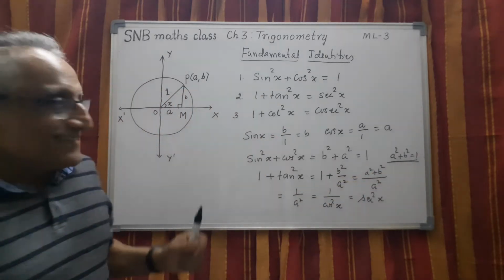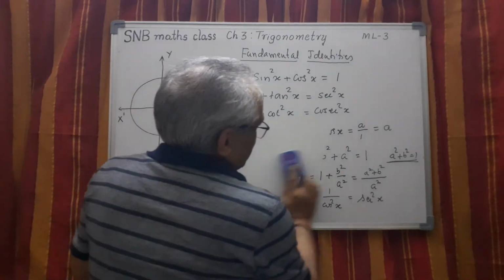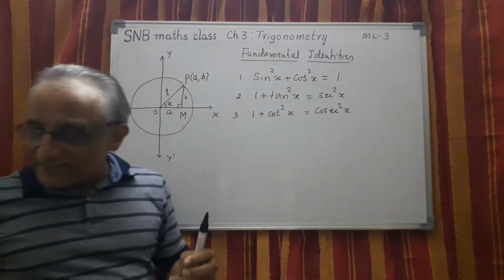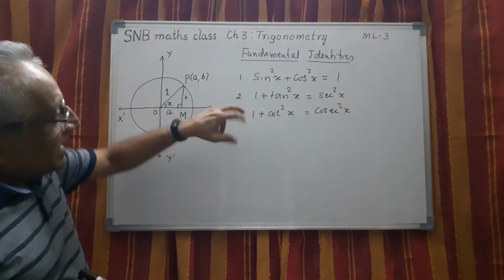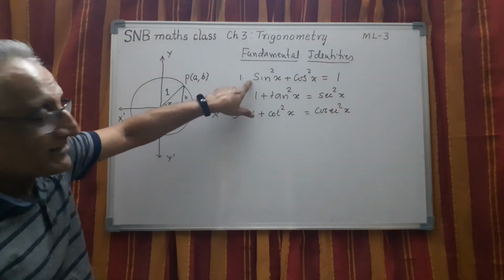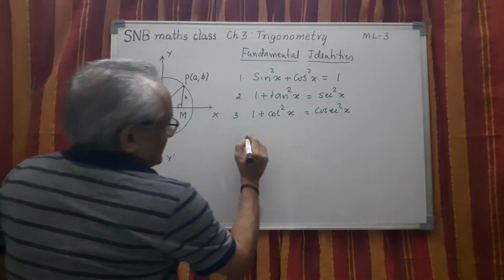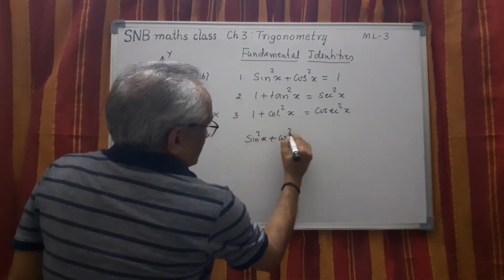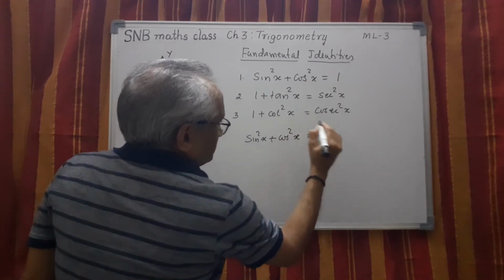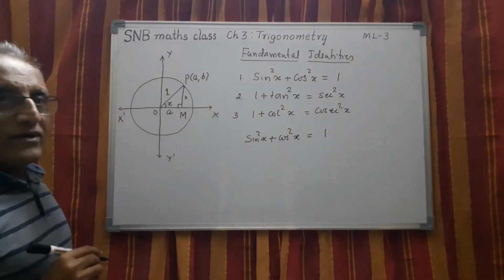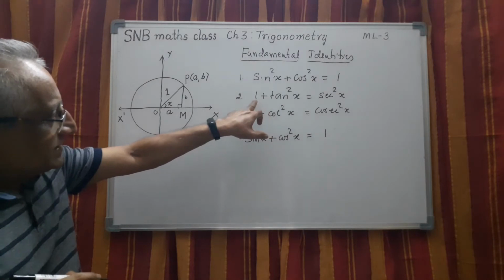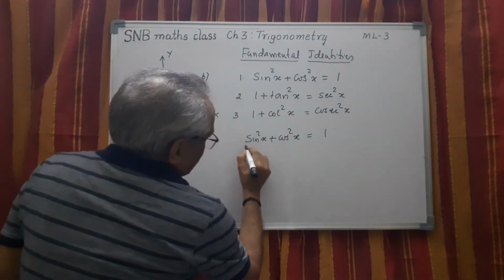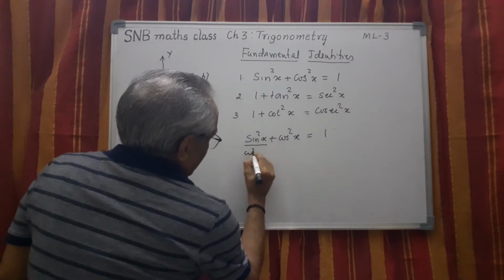There is another interesting thing. See, this is how trigonometry is a very interesting branch of mathematics. There is a lot of logical game. I can prove this one using this also. Look here. Sine square x plus cos square x equal to 1. Now what I do is, I want to show that 1 plus tan square x equals secant square x. So divide this by cos square x.